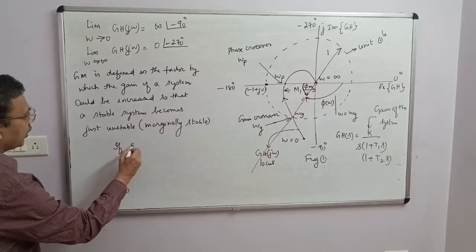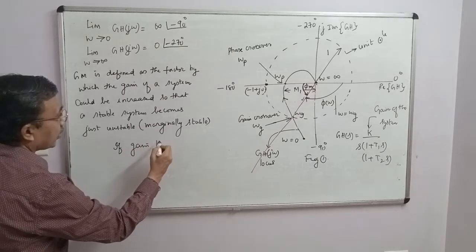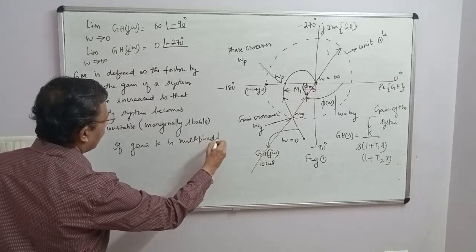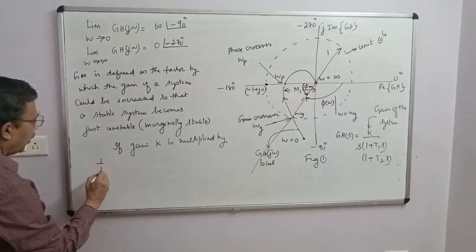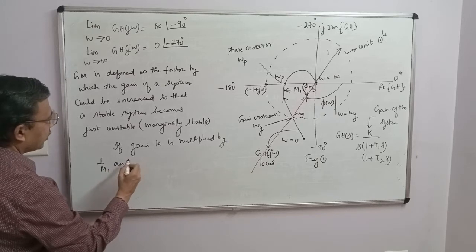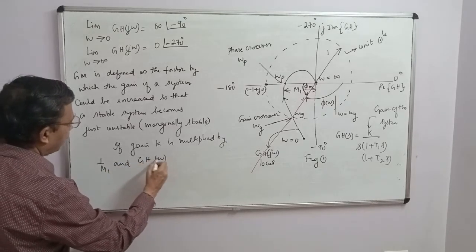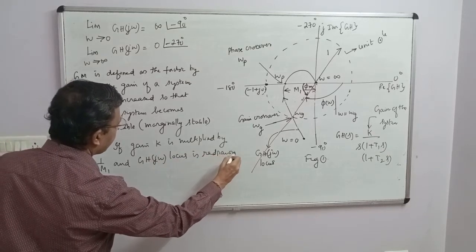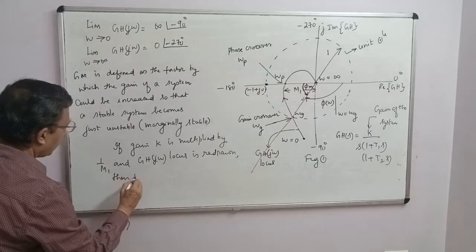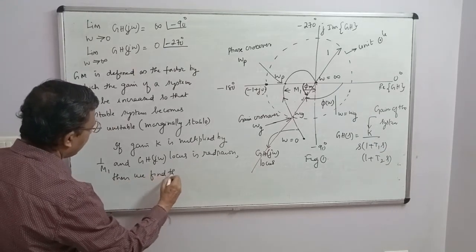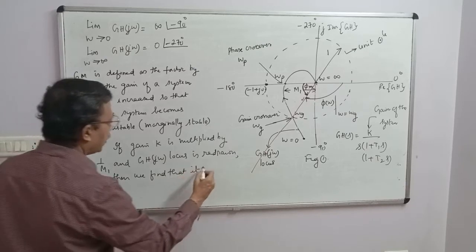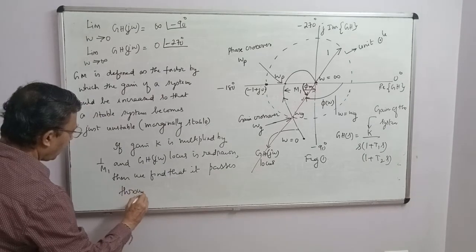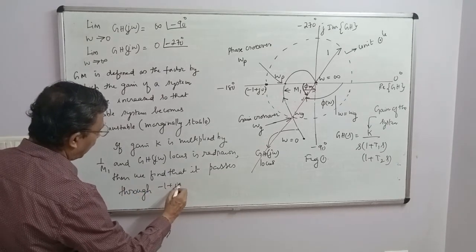If gain K is multiplied by 1 by m1 and GH of j omega locus is redrawn, then we find that it passes through minus 1 plus j0 point.